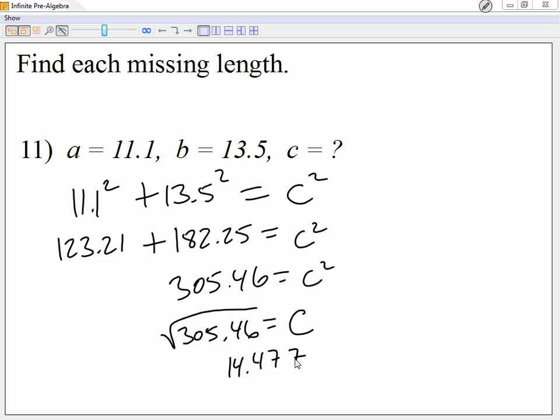Because the third number is big enough, 5 or more, I'm going to say that c is equal to 14.48. If the third number was small, I would have called it 14.47. Like I said, round it to 2 decimal places. If you notice, I did a squared plus b squared equals c squared, so do use a calculator for these.